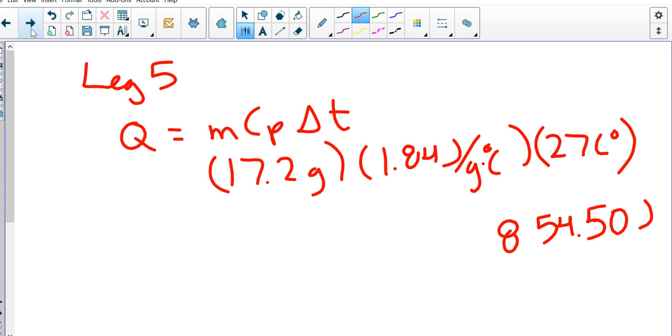On this one? Yeah. The delta T is not 127. No, because this leg of the graph is only this part, so this part is 100.